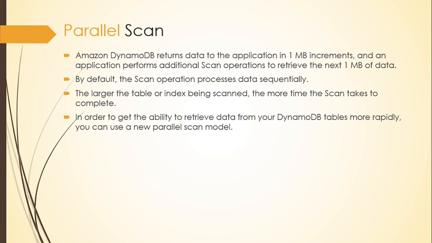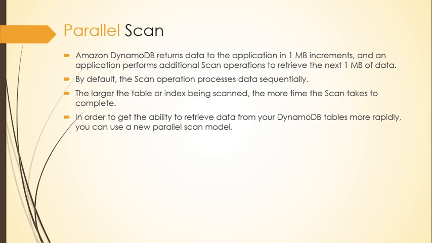As we saw in our last video on DynamoDB scan, if our data set is large and we want to retrieve more than 1 MB, we can't retrieve it in a single request. You have to perform multiple operations with the help of pagination. So if your data set is too large, this sequential operation takes so much time.